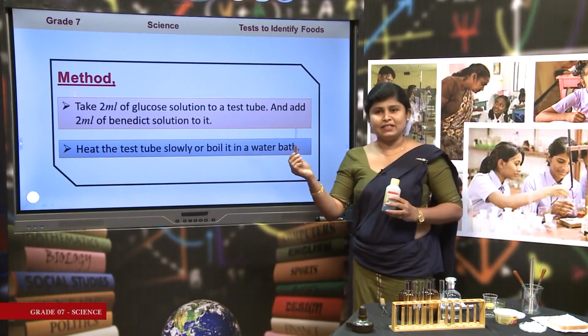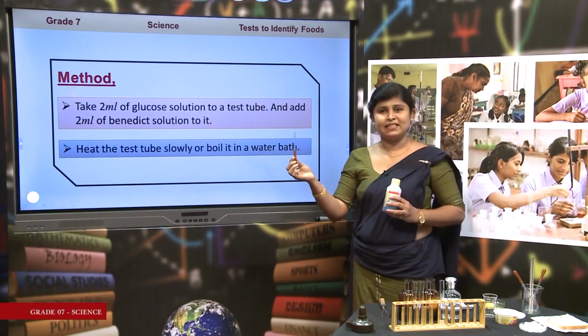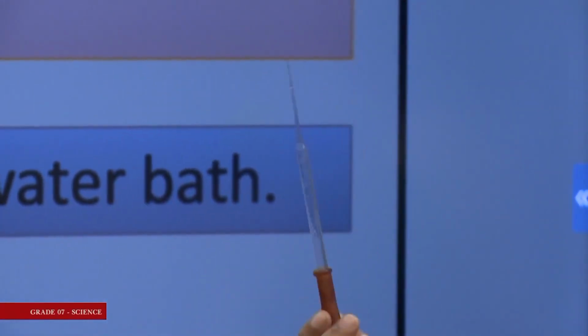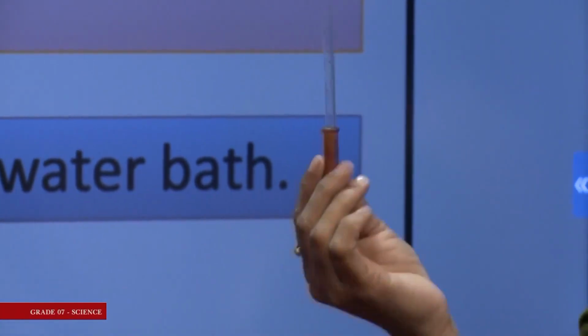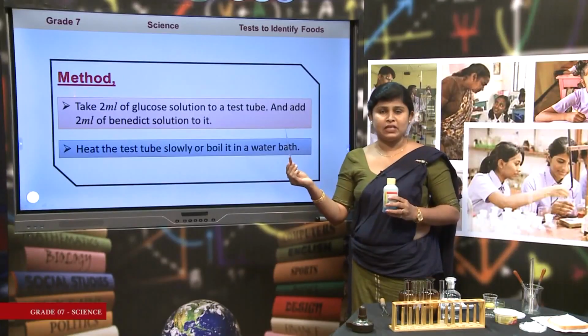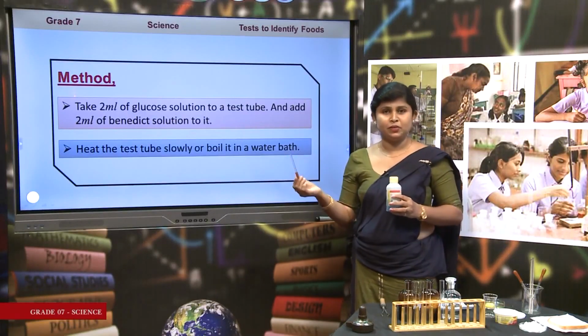Do you know this apparatus? Yes, that is a dropper. Using a dropper, I can take a little amount of Benedict solution and it is added to the test tube in this way.